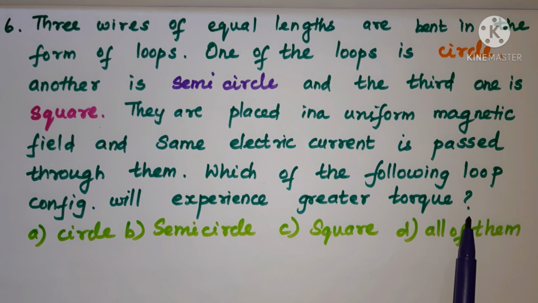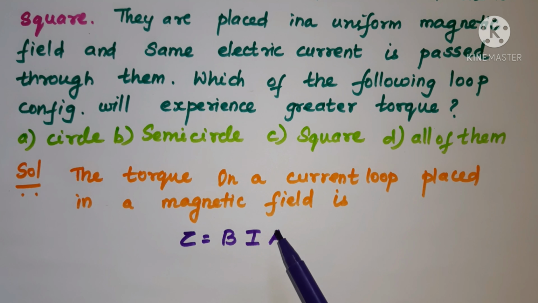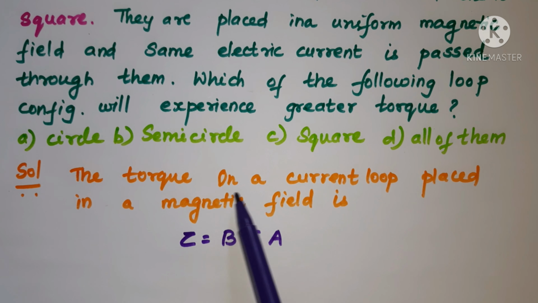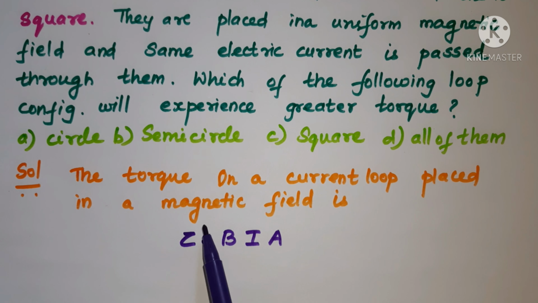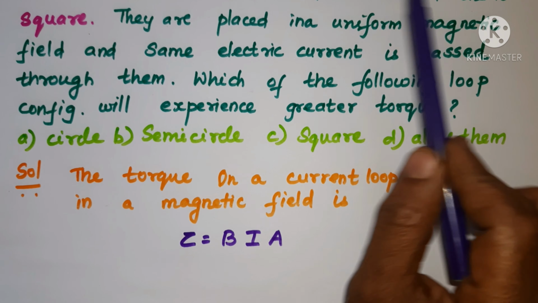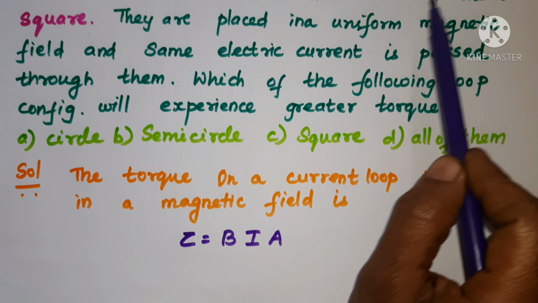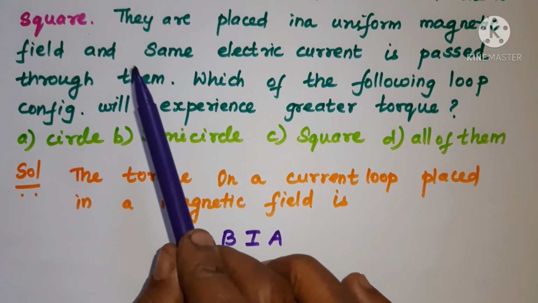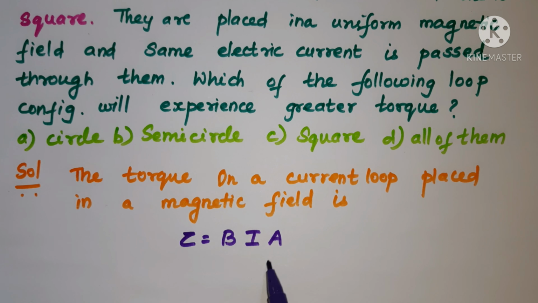The solution is the torque on a current loop placed in a magnetic field is tau equals BIA. Here, 3 wires of equal lengths are bent into a circle, a semicircle and a square. As the area increases, the torque also increases.